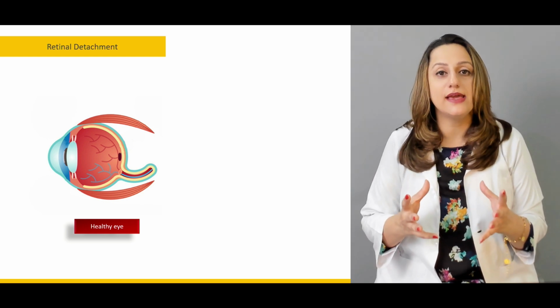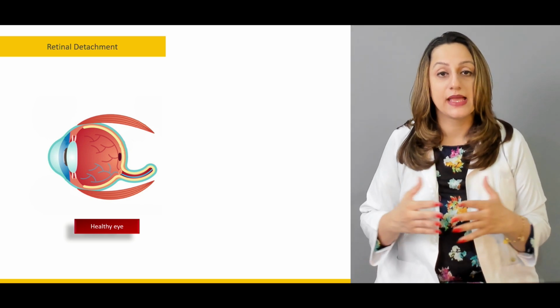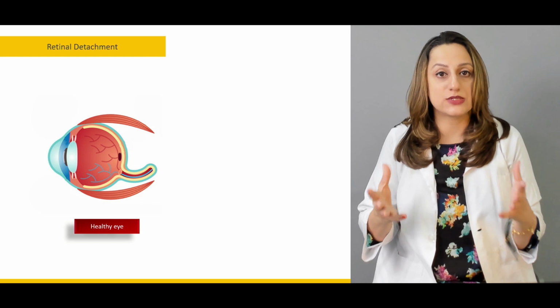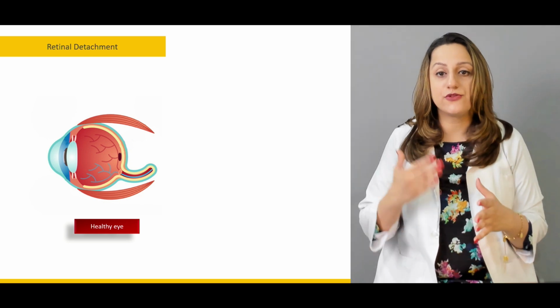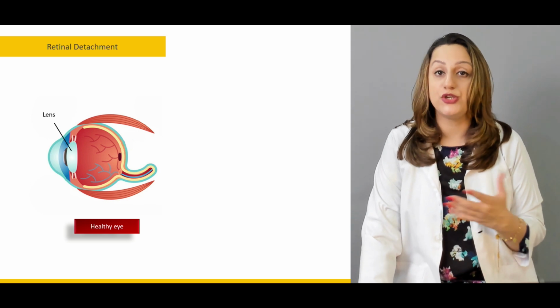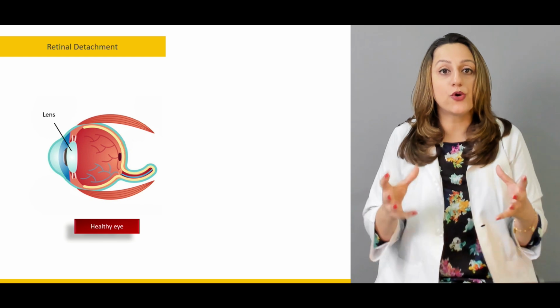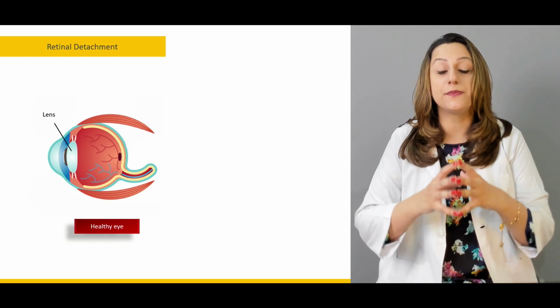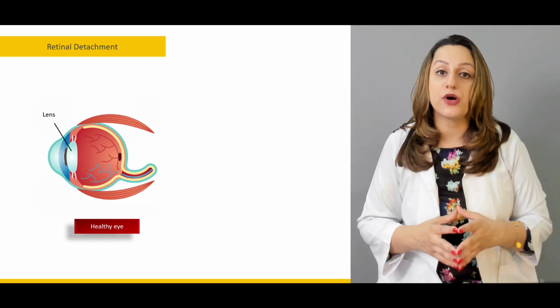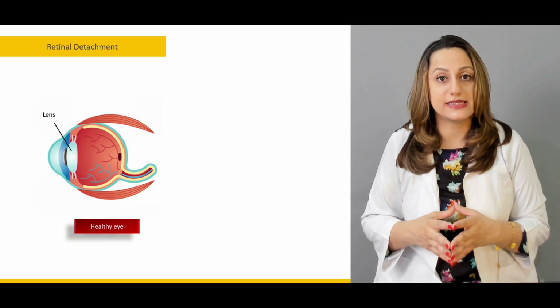So these are the three basic layers that provide protection, and they have their own functions as well. Just reviewing, we would recall that the retina has the neurons that are sending back messages. The choroid has the choroidal plexus that is mainly responsible for the blood supply towards the eyeball.